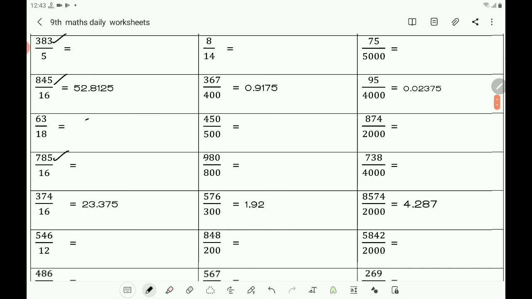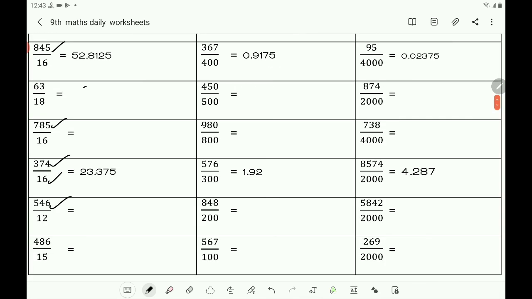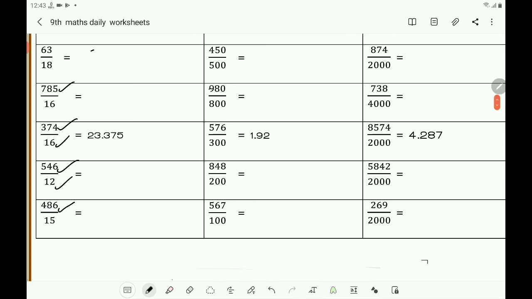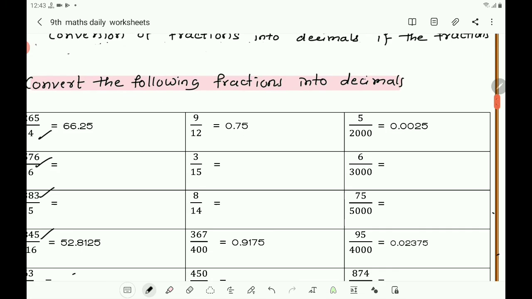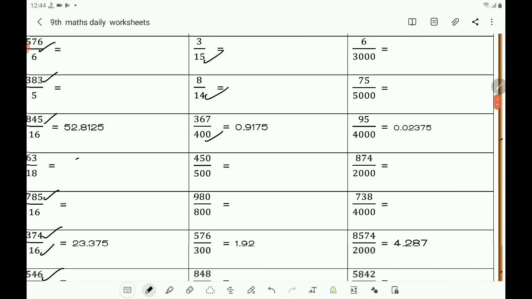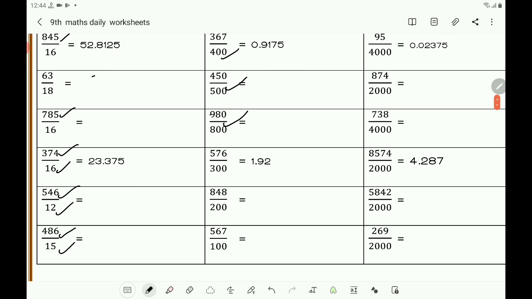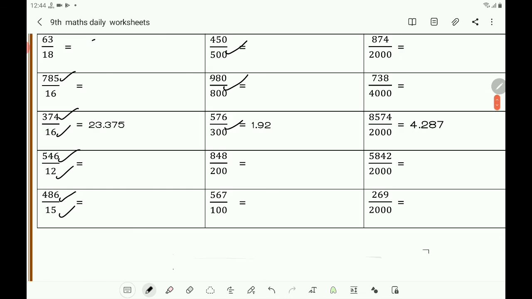Then 785 by 16. 374 by 16. 546 by 12. 486 by 15. 9 by 12. 3 by 15. 8 by 14. 367 by 400. 450 by 500. 980 by 800. 576 by 300.